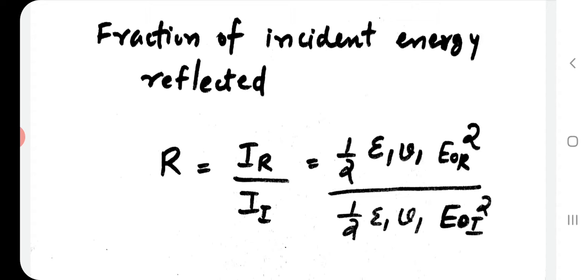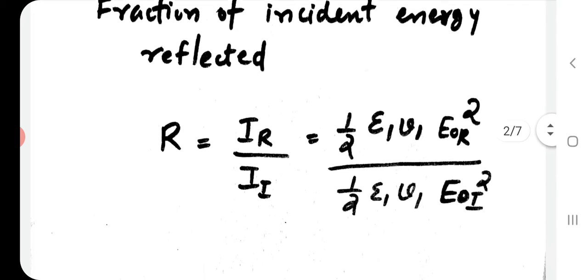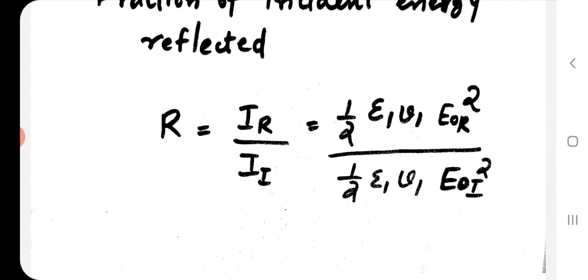That is divided by half epsilon 1 V1 E0I square, where E0I is the amplitude of the incident wave.